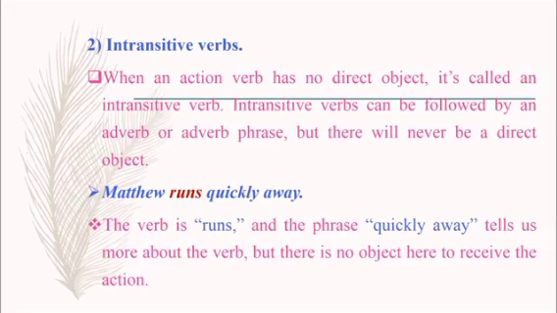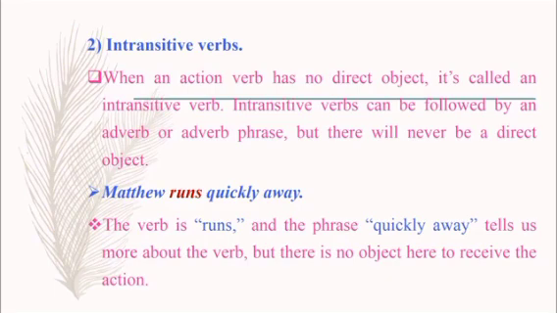Next, we are going to learn about intransitive verbs. When an action verb has no direct object, it is called an intransitive verb. Intransitive verbs can be followed by an adverb or adverb phrase, but there will never be a direct object.